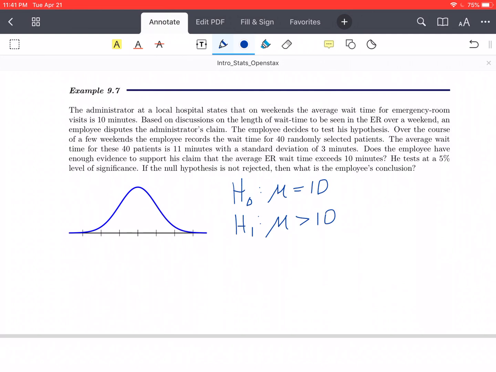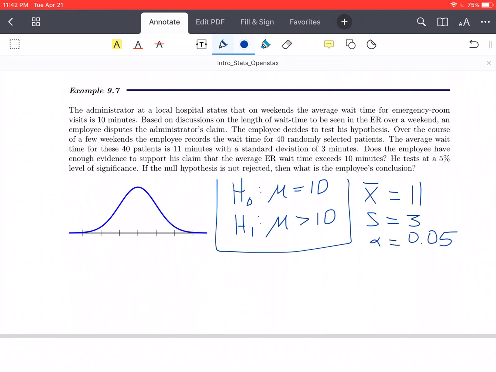Okay, so we have a few pieces of data here that we can work with. So let's see, he took some data himself, so here's our hypotheses, and he got a sample mean, right? He got it to be 11 minutes. The standard deviation he got was 3 minutes, and he's testing at the 5% level of significance, so alpha is 0.05. Okay, so we'll need those.